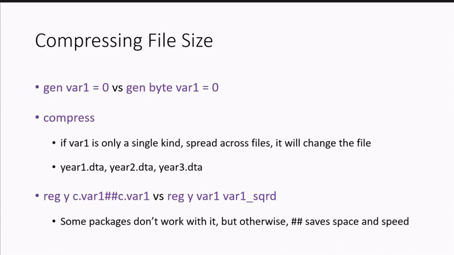And when I ran compress, what happened was Stata looked at the variable called year, and since it was broken up by years, it only looked at 2015, and it said, all right, well, all of the variables in this column are 2015. So instead of keeping it as a number, I'm going to convert it to a byte, and I'm going to give it the label 2015, and these are all just going to be stored as ones now.